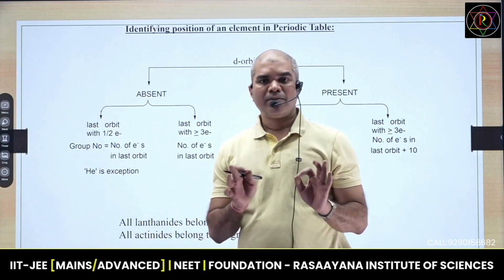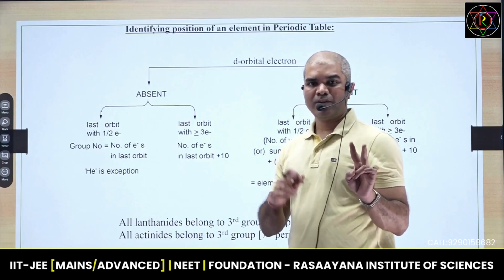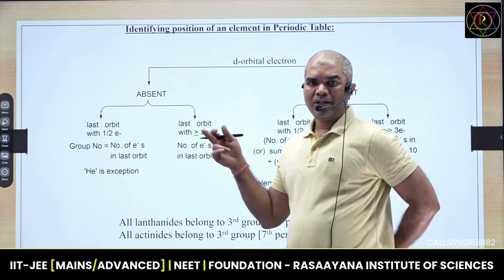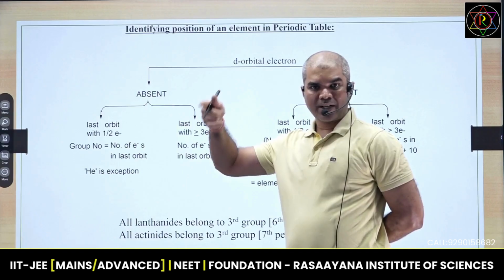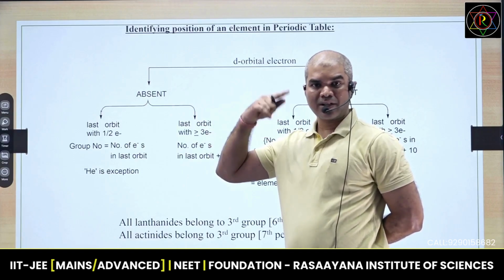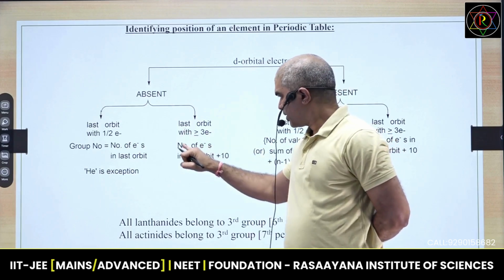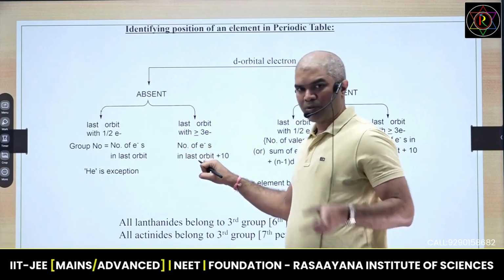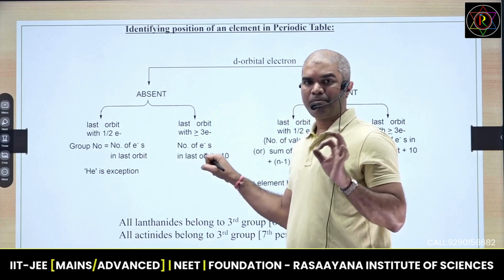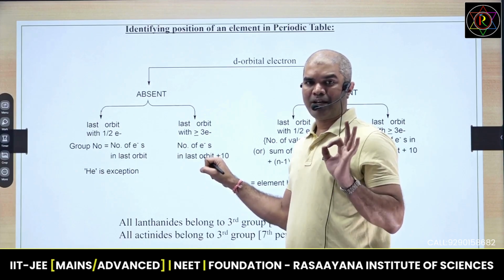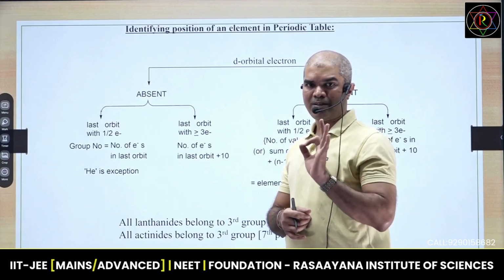When the d electrons are absent, but if the valence electrons are greater than 2, it could be 3, 4 or 5, then count the number of electrons in the last orbit, and simply add 10. Number of electrons in the last orbit plus 10.